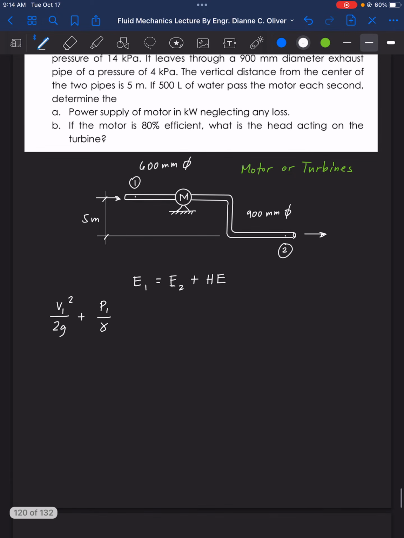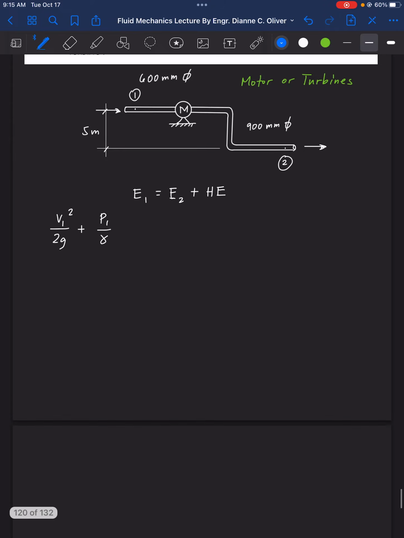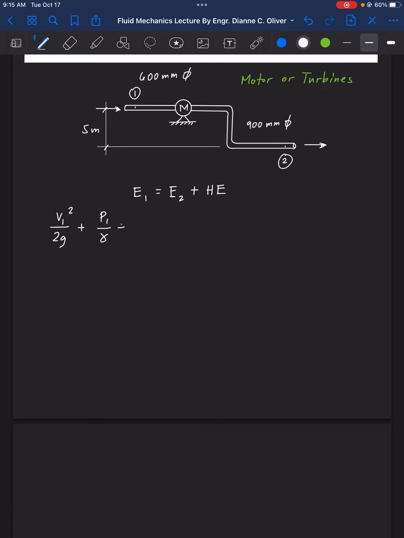We're using fluid water. Then we have the elevation head at 1 equal to velocity head at 2, pressure head at 2, plus the elevation head at 2, plus the head extracted.